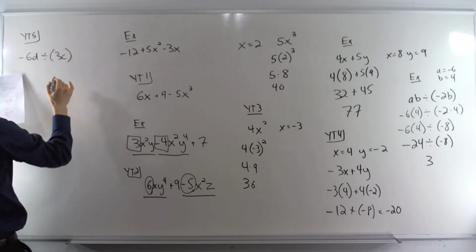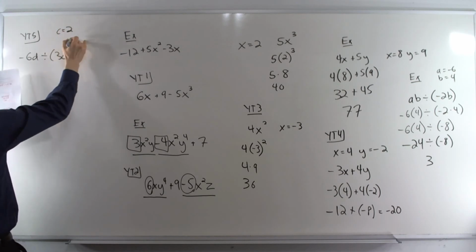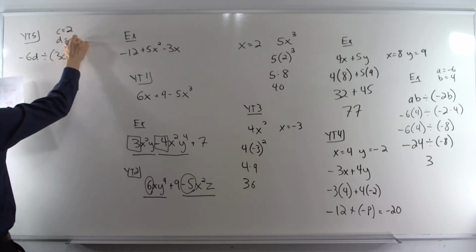-6d divided by 3c when c equals 2, and d equals -5.